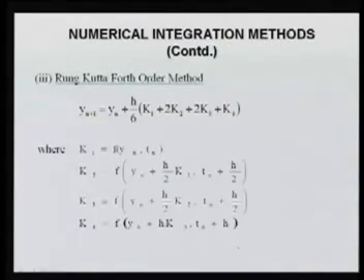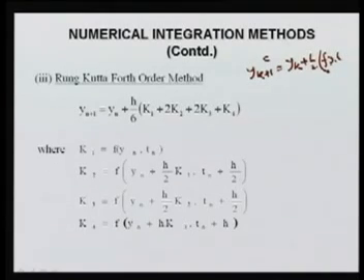In your corrector step, we normally write yk plus 1, the corrector value, equal to yk plus half of f(yn, tn) plus f(yn k plus 1, t k plus 1), multiplied by h.